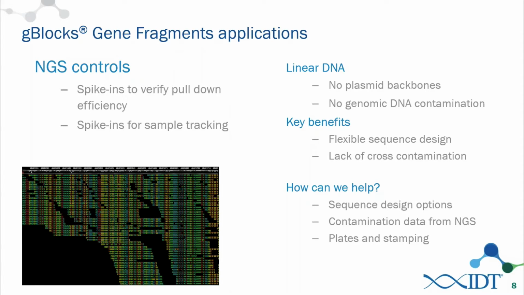Again, the gBlocks are really useful for this because they have no plasmid backbone in them, and because they are made completely synthetically, they have no genomic DNA contamination in them. So it's a really nice, really clean way to put a control into something. Again, flexible design, and those design options can be explained in detail by the design team here. They can be contacted at genes@idtdna.com.